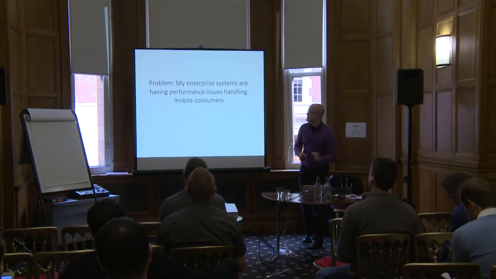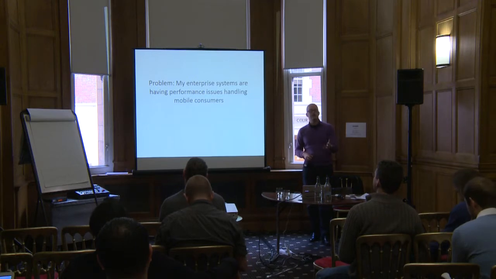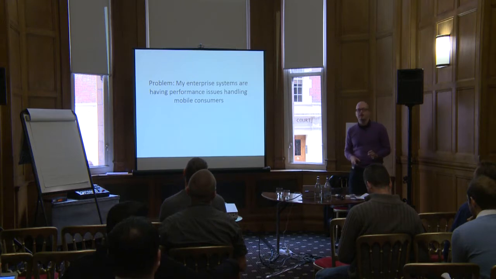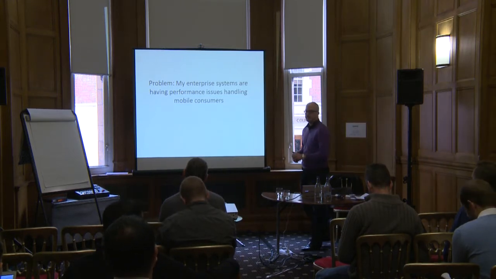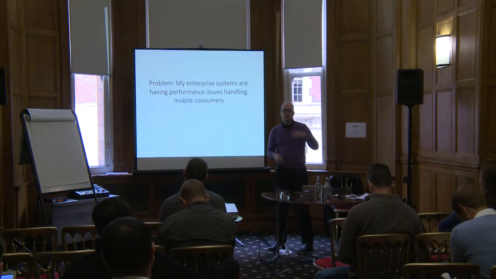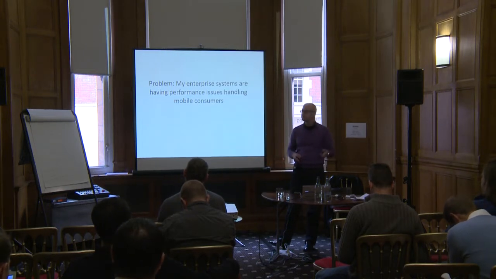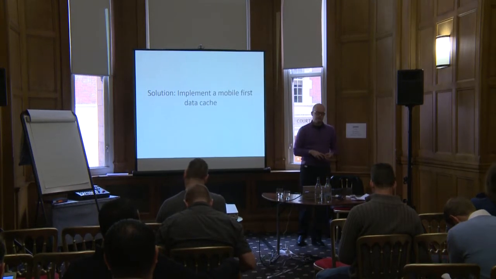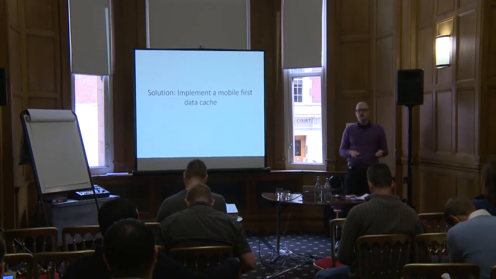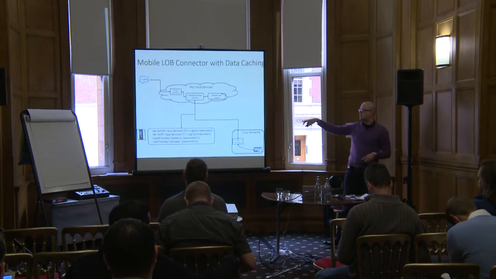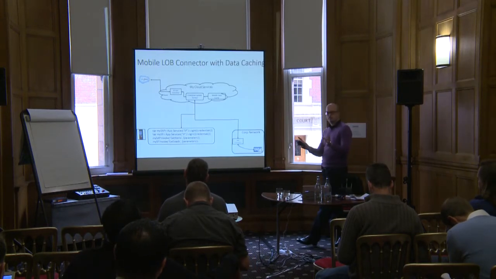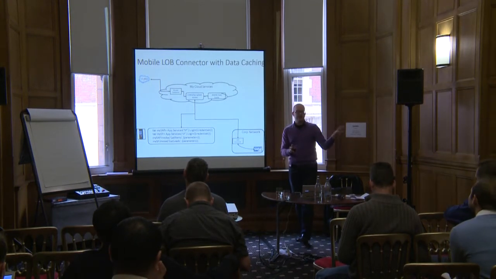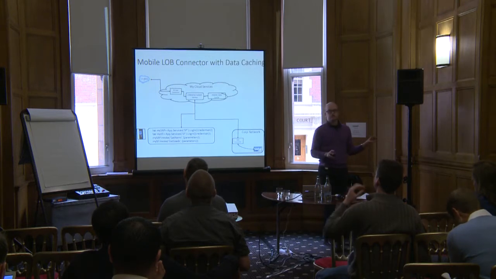So another thing, now you figure out how to talk to SAP. Now I just realized that SAP is really not optimized for 10,000 users hitting the system at the same time or during spikes or stuff like that, right? So the solution we have seen a lot of customers implement is a mobile-first data cache, on which you complement that pattern with a caching infrastructure similar to the storage infrastructure, a caching mechanism that caches data isolated at the app or at the user level.